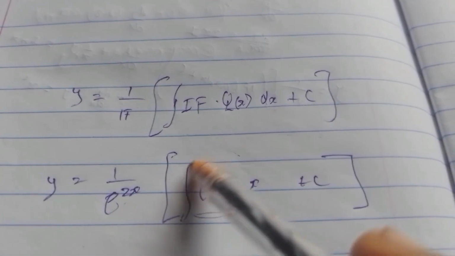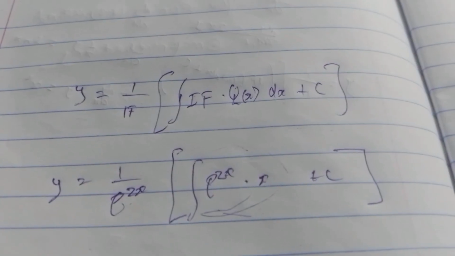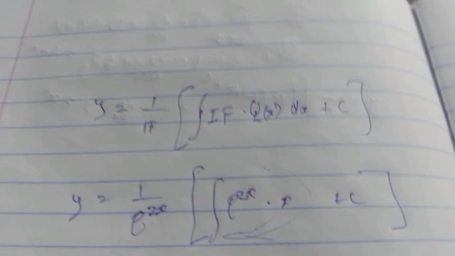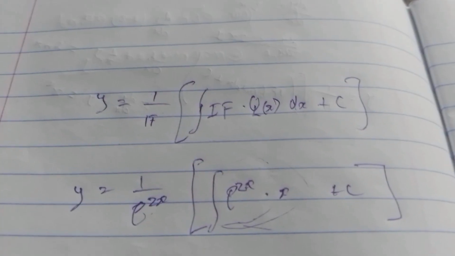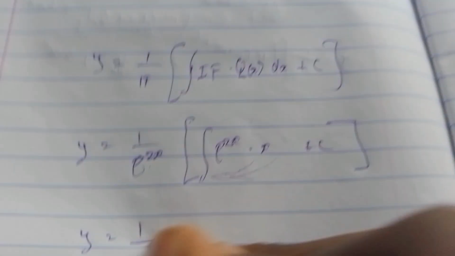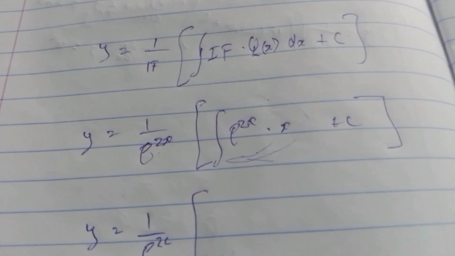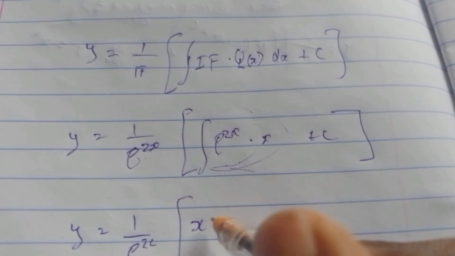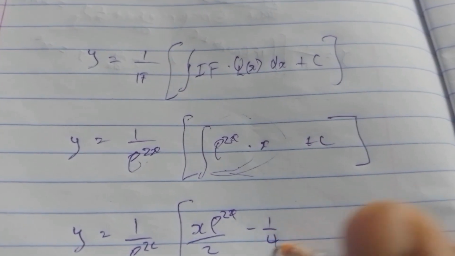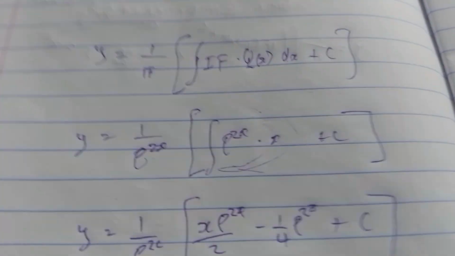We have to now integrate this using integration by parts. So when we did that, we got y is equal to 1 all over exponential 2x, and when we did the integration, we got x exponential 2x over 2 minus 1 all over 4 exponential 2x, then plus our c here.